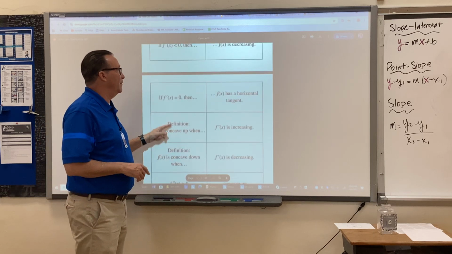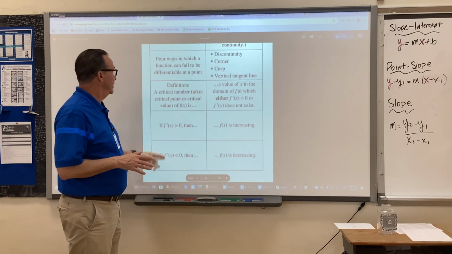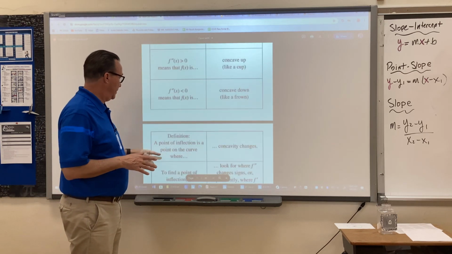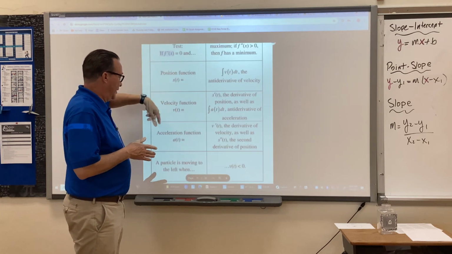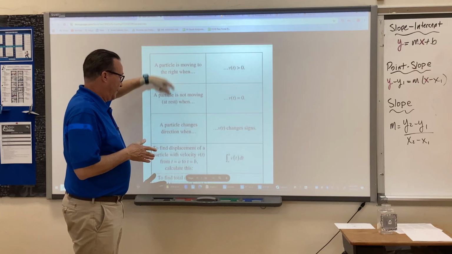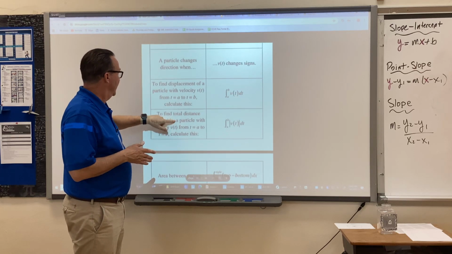They said the position function, and it pretty much is. It's the one with the absolute value because it has total distance.